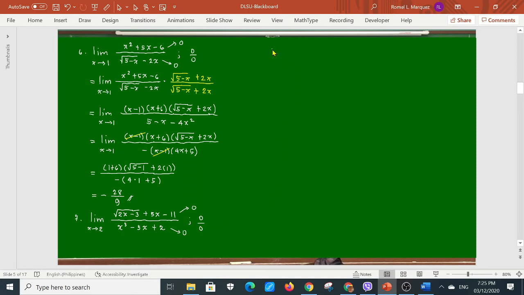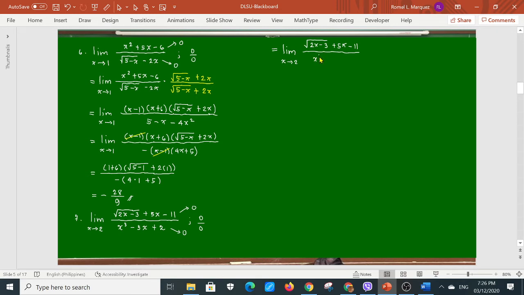So, let's multiply. Limit. Multiply this original function in the limit, that quotient, square root of 2x minus 3, then plus 5x minus 11 in the denominator, x cubed.